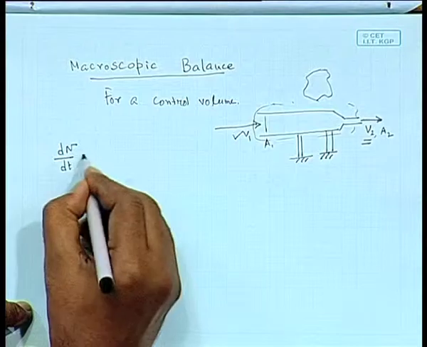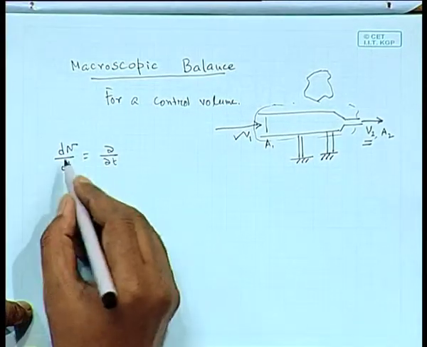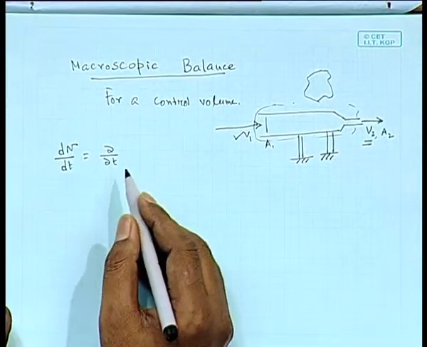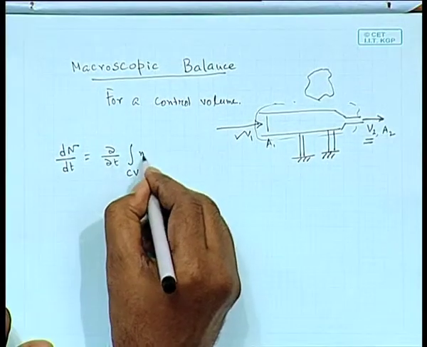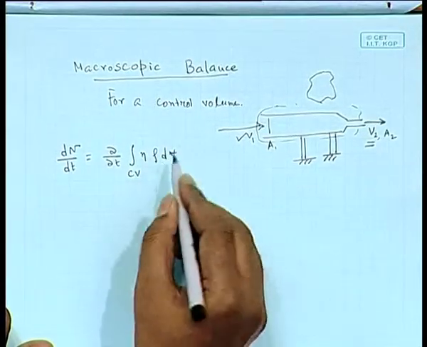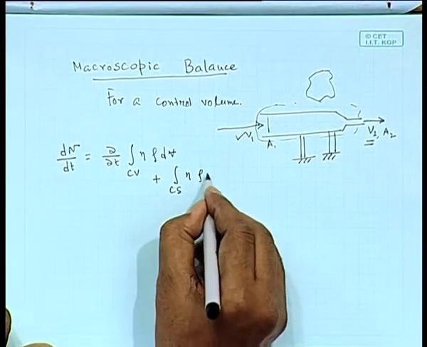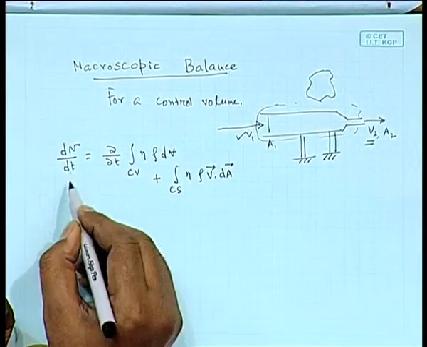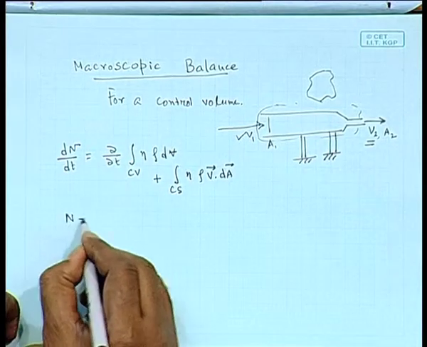The generic equation of any property is written in this form. It is like the material derivative that we have discussed in the course Transport Processes 1. N is any arbitrary extensive property.